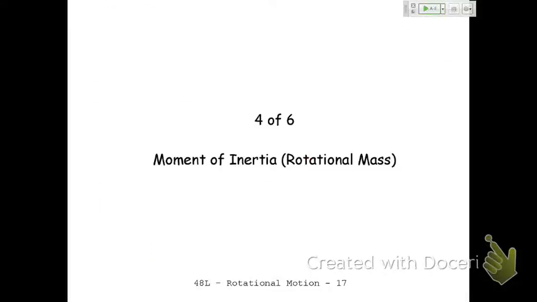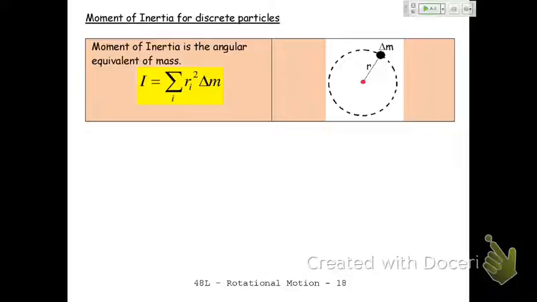This raises moments of inertia, so we've got to learn a little bit about moments of inertia. I remember seeing this and being completely nonplussed by the fact that mass was seemingly no longer mass. It is. It's just that its inertial effect on angular acceleration depends upon where it is.